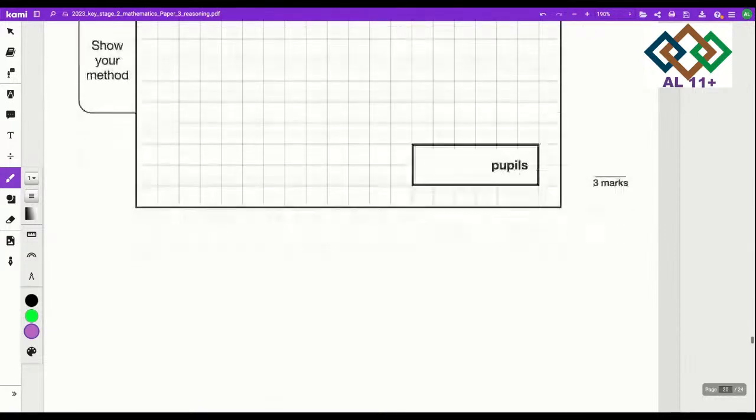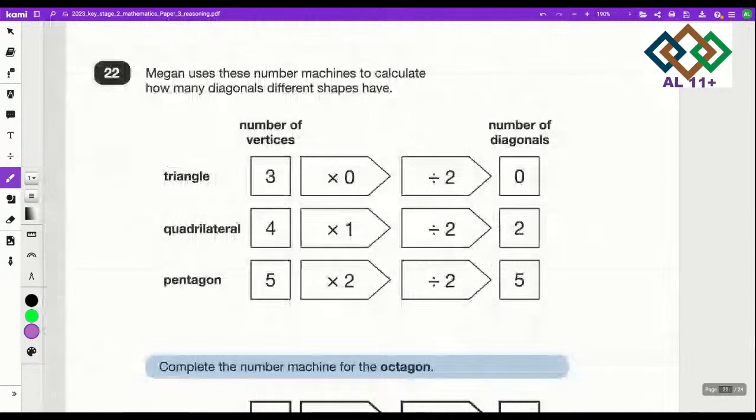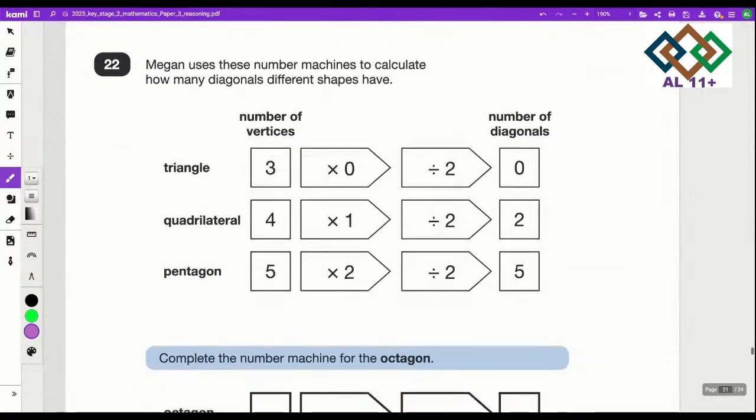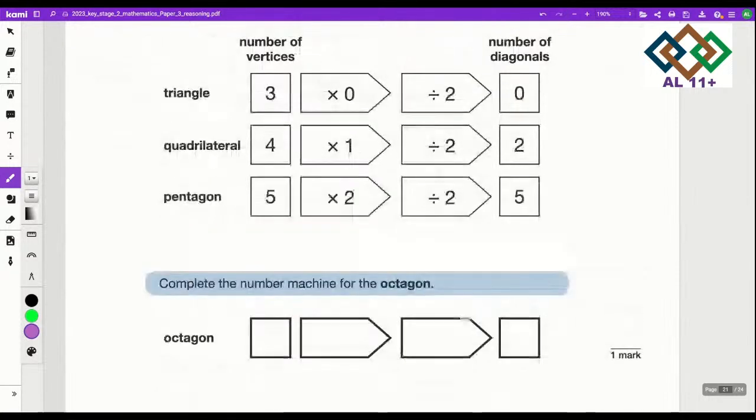So now we are on 22. In this, they say that Megan used the number machines to calculate how many diagonals different shapes have. So this is given to you, and now you have to think about the octagon.